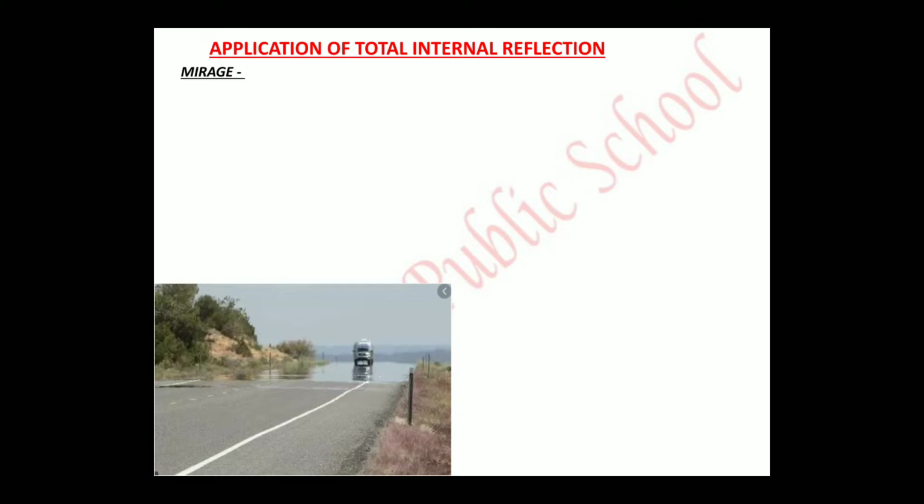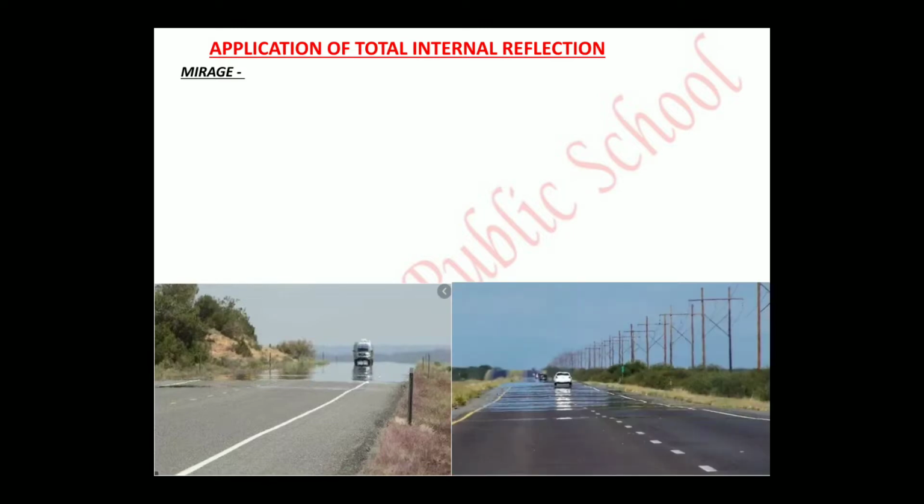You see water spread on the road, and the images of trees, poles, and other things by the side of the road in that water. But there is actually no water. When you move nearby, the water disappears. So this is called mirage.